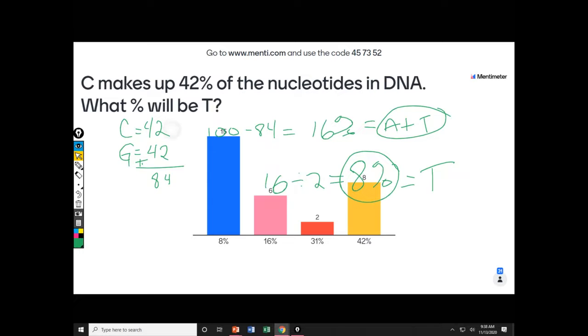Remember that these are supposed to be equal. You can list that right out, and that way you'll make sure that you've divided your numbers or percents appropriately. All right, any questions about this Menti or these types of questions?